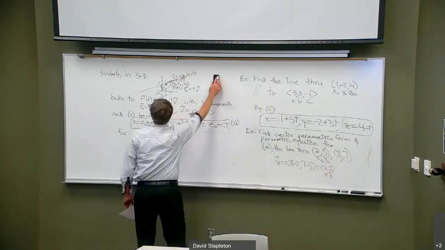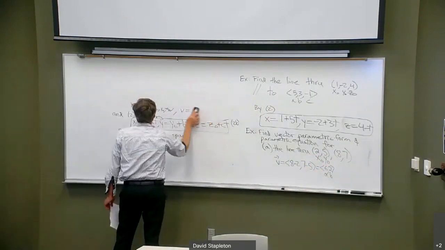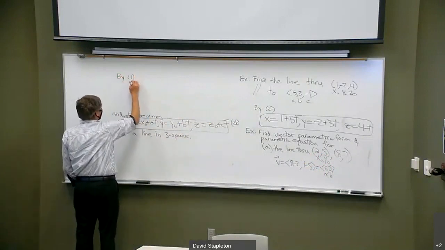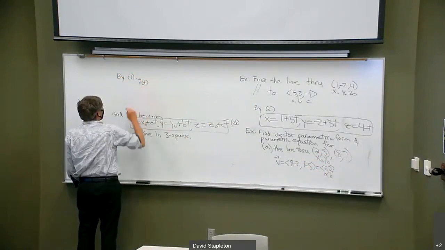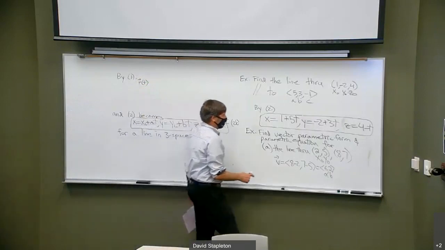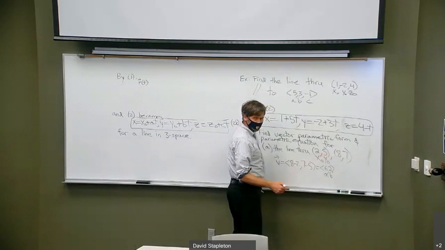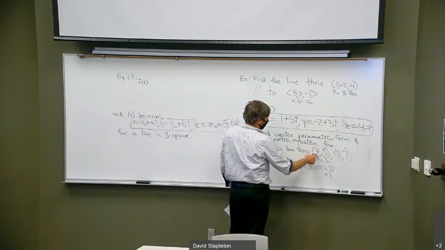So now in 2 dimensions, you write vector parametric form. You simply say by 1, the vector parametric form is r of t. This is the vector whose endpoint sweeps out the line. r0 is the vector to this point. And actually, you can pick either point. It doesn't matter which one. It'll be the same line. It'll just look different. So the vector to this point, you just put angle brackets.